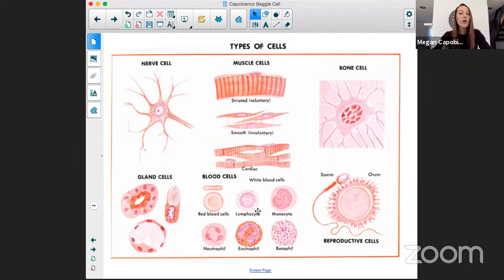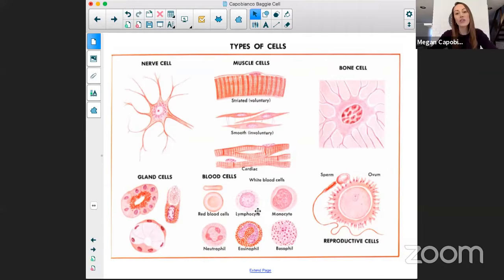We call that its form. When we say form fits function, we're talking about its shape matching the job that specific cell has. Do you think that my brain cells look like my skin cells, and the skin cells look like my muscle cells? No, they're probably not going to look the same because they all have different jobs.